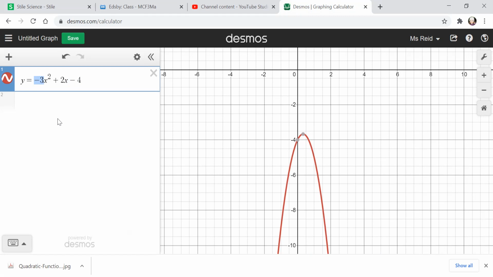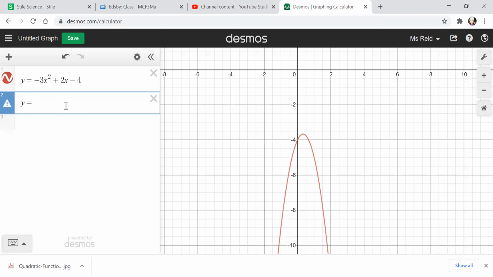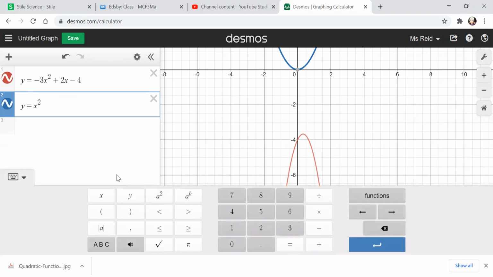So the negative makes it open which direction? Down. And then the 3 means it's stretched. Now it's really hard to see that it's stretched. But if I did the same parabola over there, the blue one and the red one, can you see?